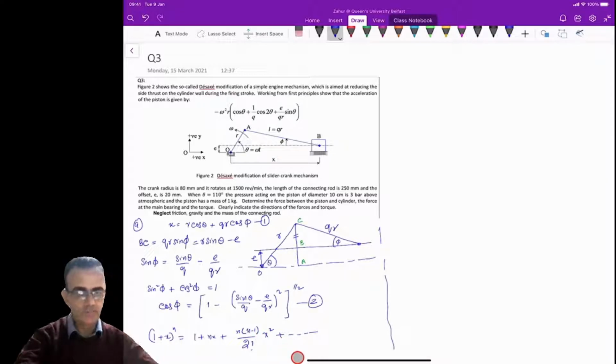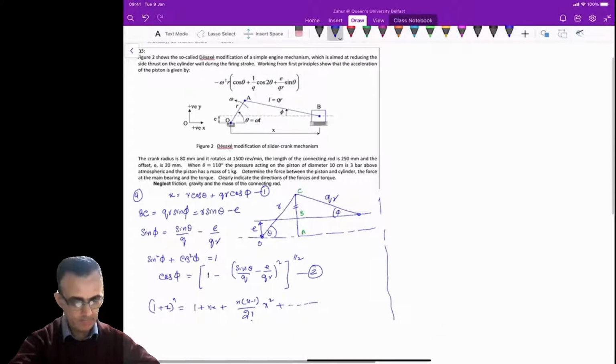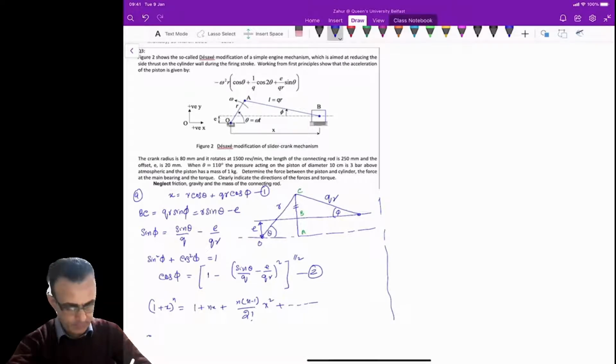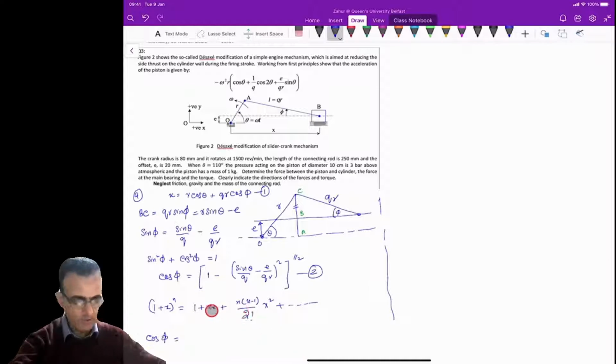So if you just take cos phi, because in this case n becomes 1 by 2, it becomes 1 minus half, and x is minus (sine theta divided by q minus e divided by qr) whole square.